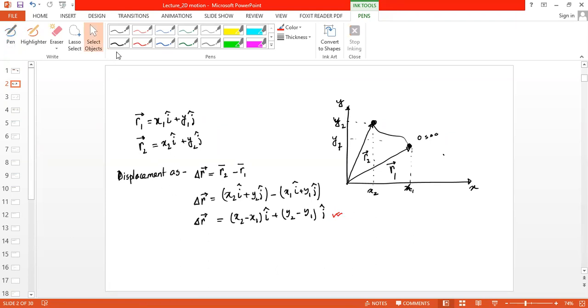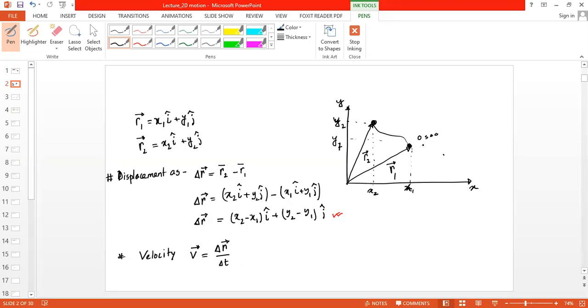Again, we can define the velocity. Velocity means displacement over time. When displacement is delta r, let's say the time is delta t.